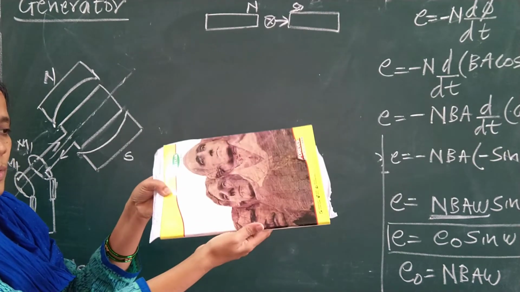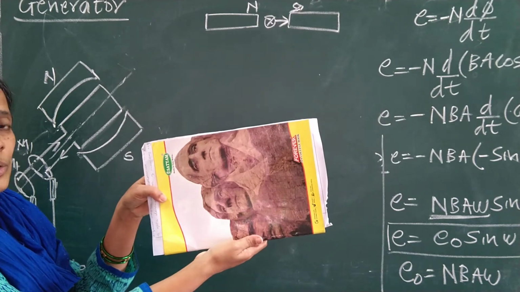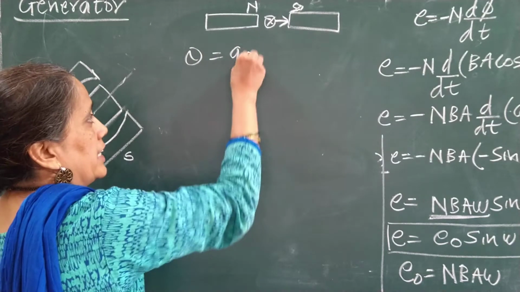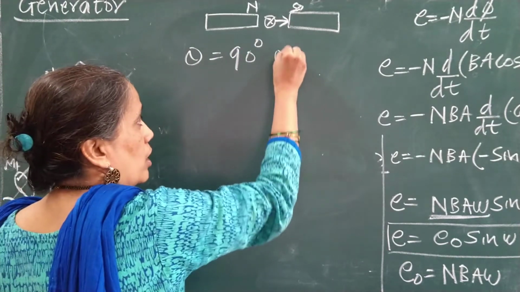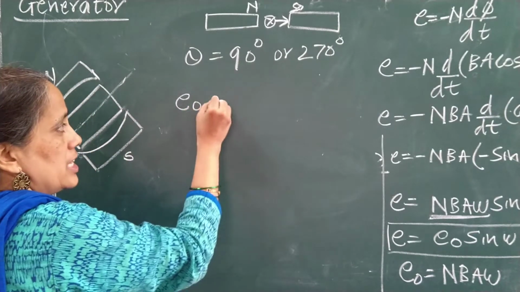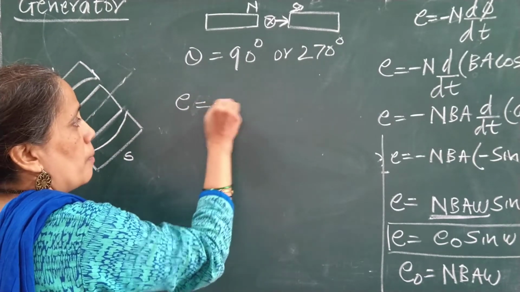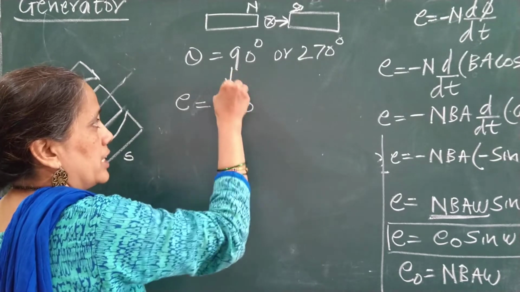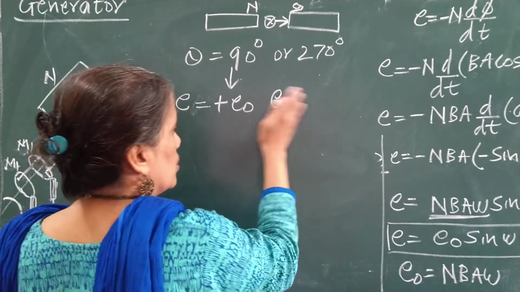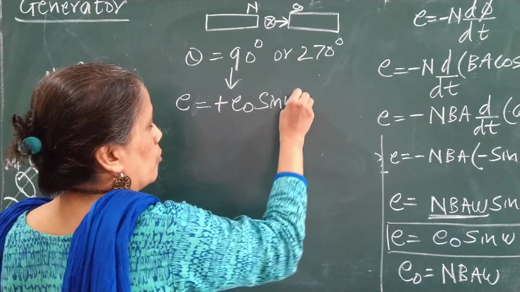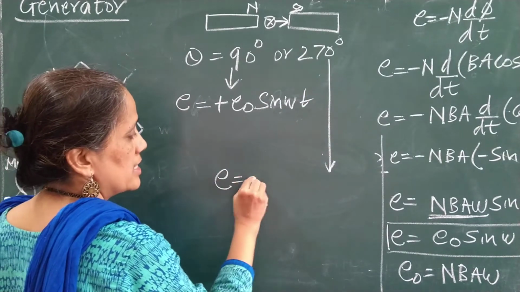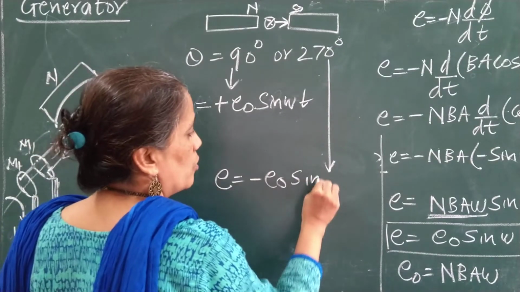And now it will move to an angle of 270 degrees to the origin. So for theta equal to 90 degrees or 270 degrees, what happens? EMF E is equal to plus E0 when theta is 90 degrees, E is equal to plus E0 sin omega t, and at an angle of 270 degrees, E is equal to minus E0 sin omega t.